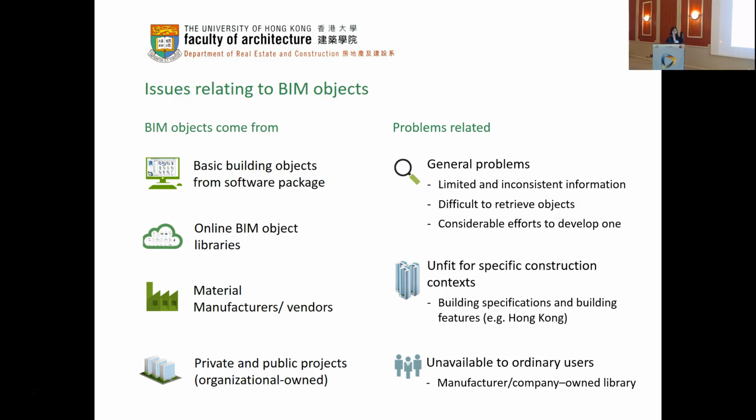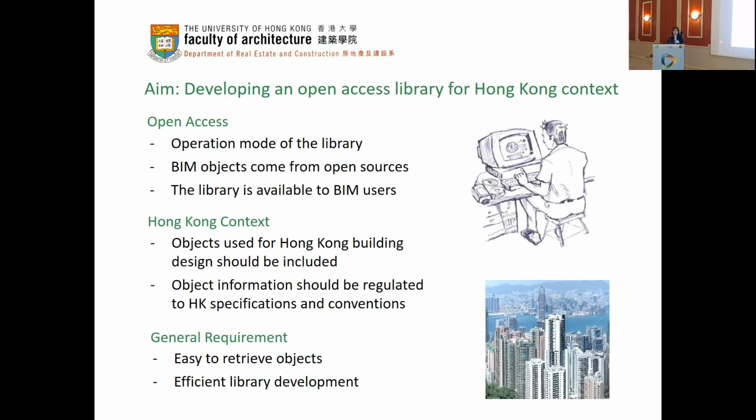Most importantly, those objects that are ready to be used are not always available to ordinary BIM users. So this leads to our question: could we develop a BIM object library that is accessible to ordinary BIM users and based in the Hong Kong context?